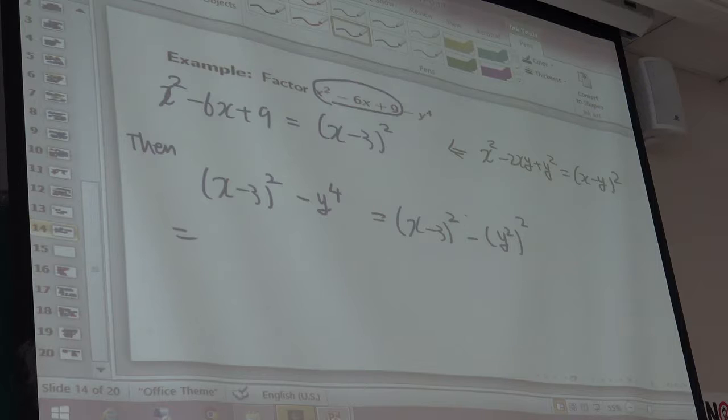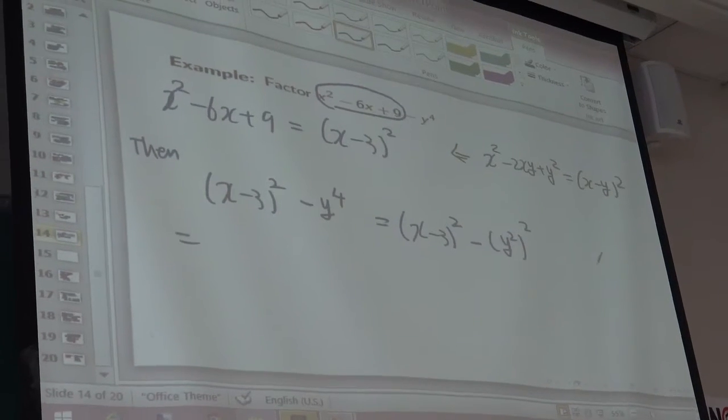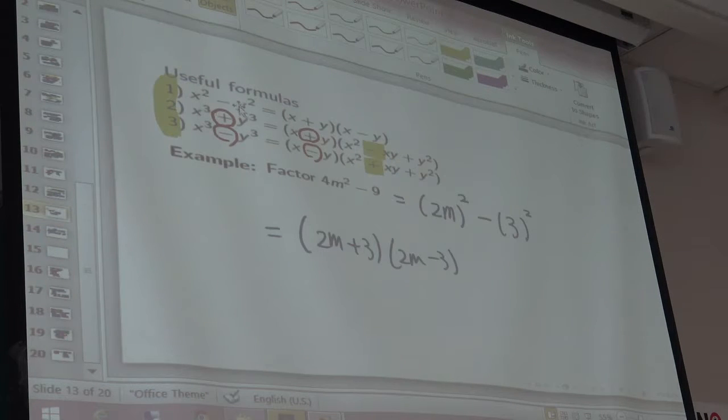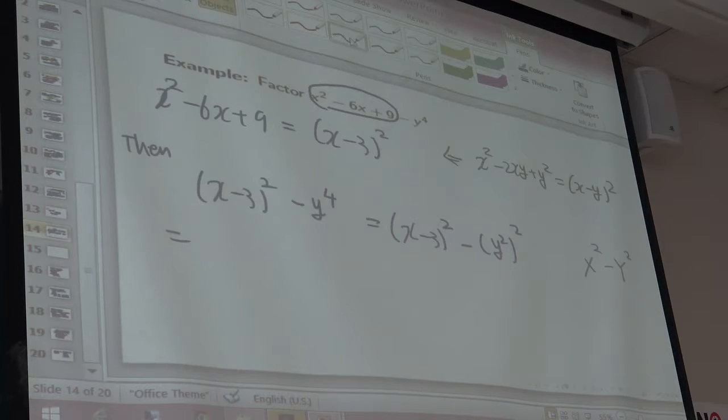Then finally we have something squared minus something squared, which is like x squared minus y squared. So we can use this: something squared minus something squared is x plus y times x minus y. So we use the first one plus the second one times the first one minus the second one.